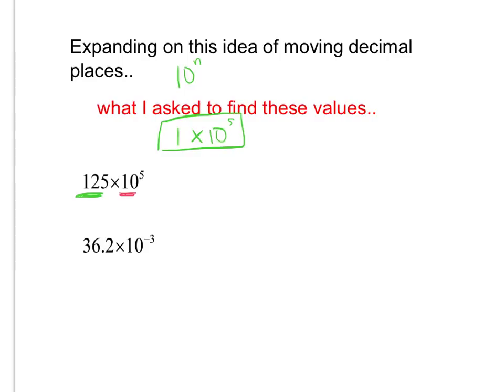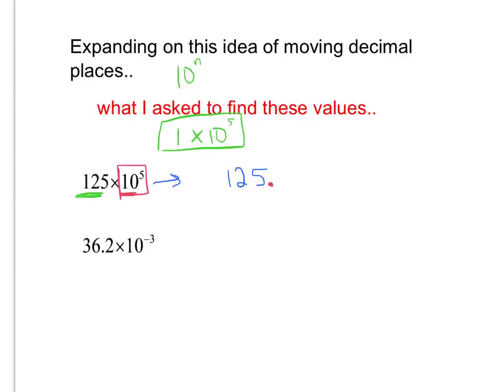Well, not a whole lot changes, and so instead of starting with the number 1, this is telling me that I want to start with the number 125. I already have my decimal place created, so 125, and multiply it by this. The 10 to the 5th, this is telling me to do what?